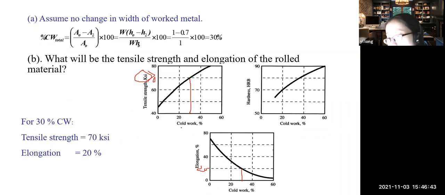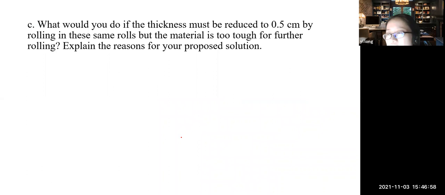More cold work, you're going to have a higher tensile stress and higher hardness, but lower elongation. So these are very easy to understand. Okay, so what if 0.7 is not enough? I need to reduce further. What can you do? Because the material is too hard now, as we said.